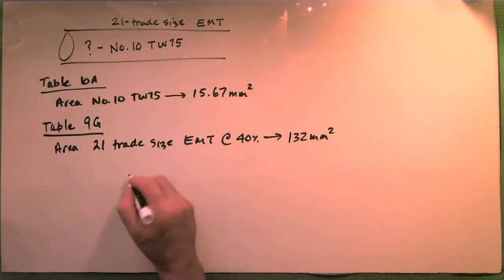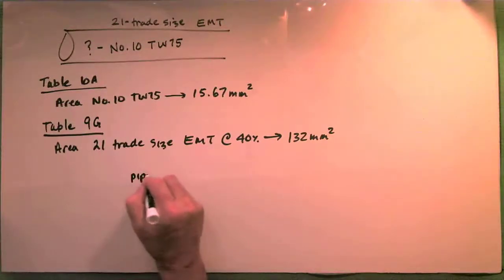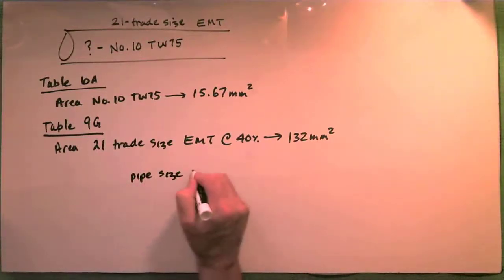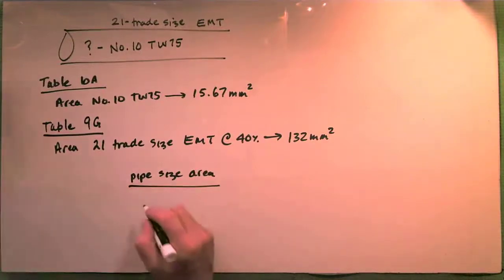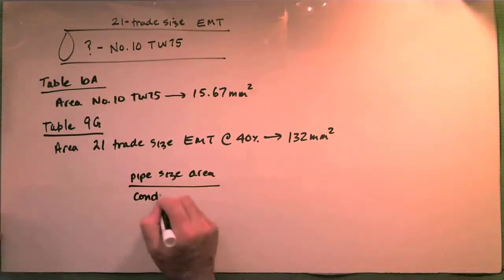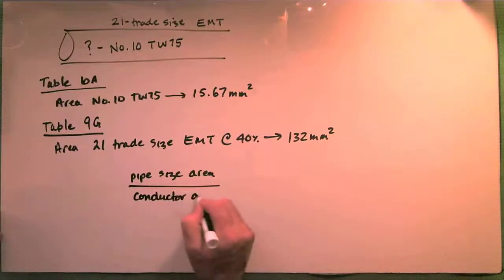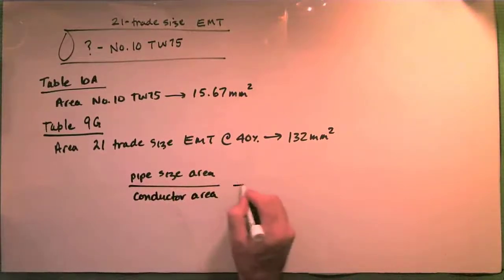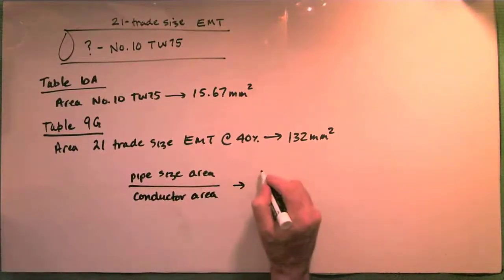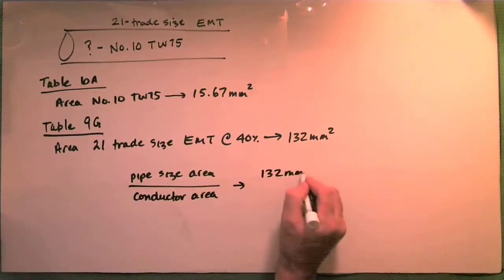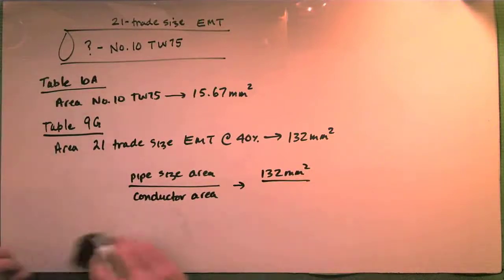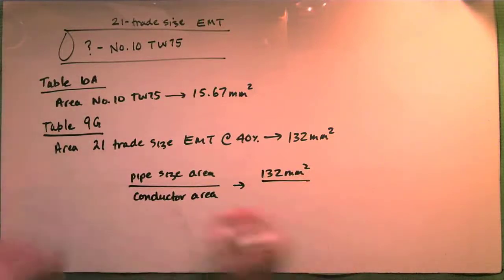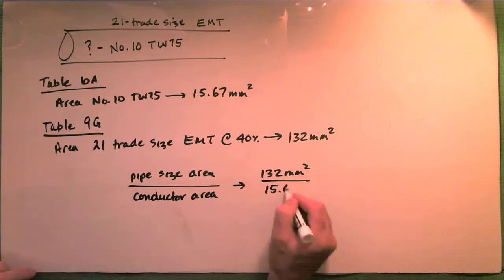Therefore, so now the formula: pipe size area divided by the conductor area. In this case, we got a 21 trade size, which is 132, and my conductor area is 1567.